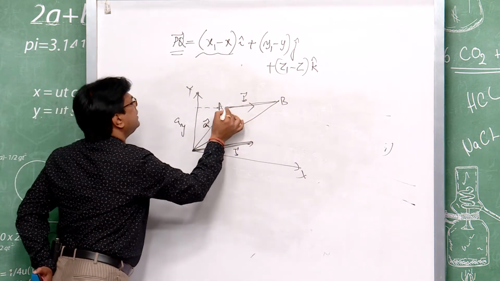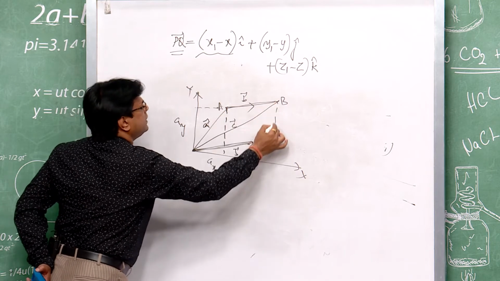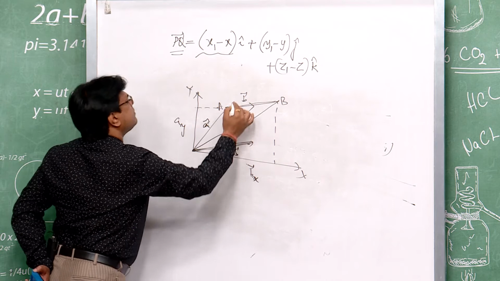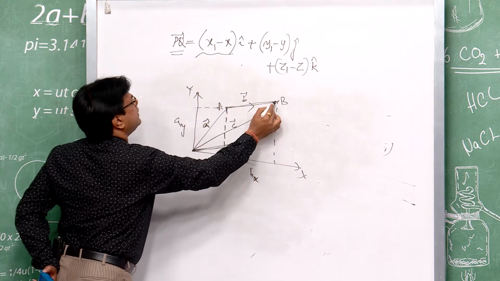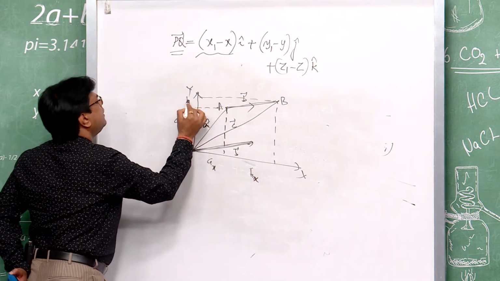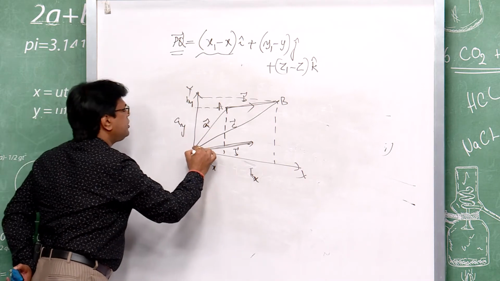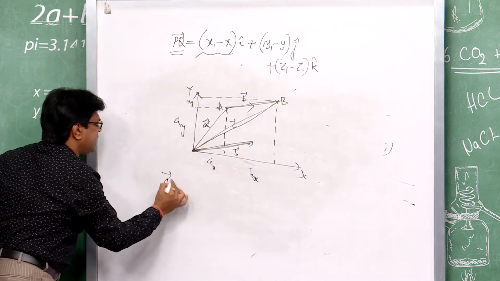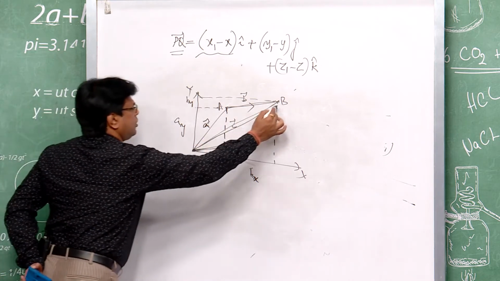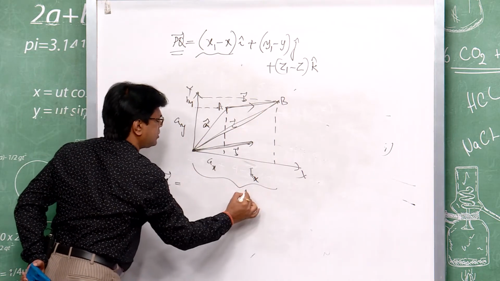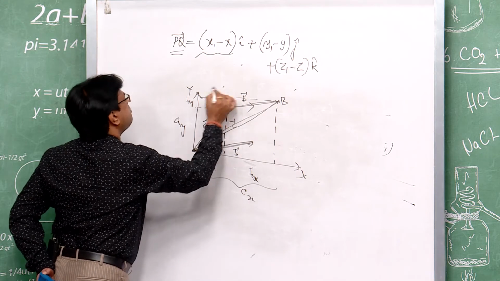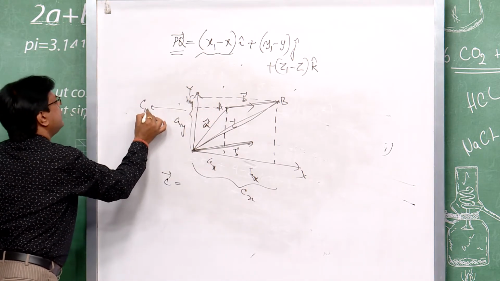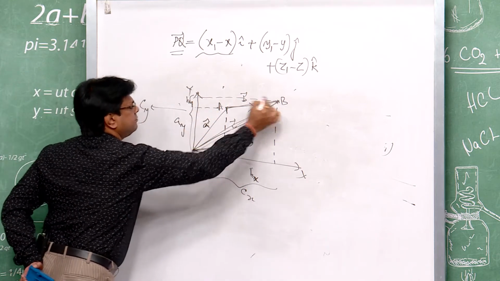So, this vector is your B x, this is your B y. Suppose this is your C vector, then this is your C x, this is your C y, total.